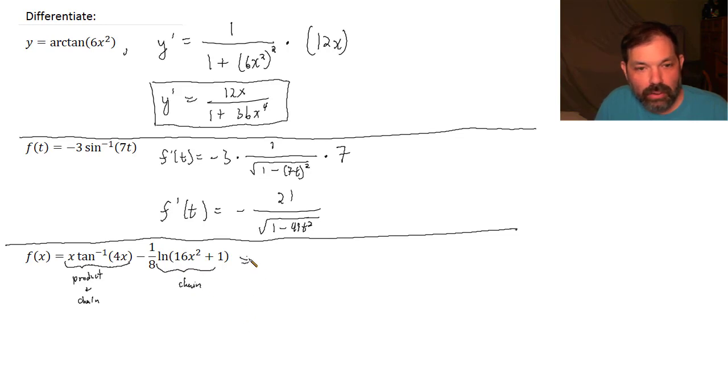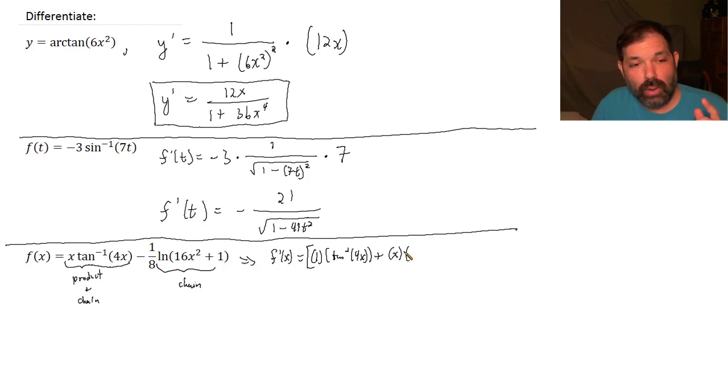Alright, so let's calculate a derivative here. F prime of x. First term, I'm going to bracket this. So for the first term, x times the tangent inverse of 4x, applying the product rule, I'd have 1 times tangent inverse 4x plus x times.